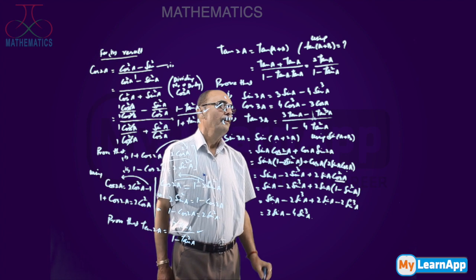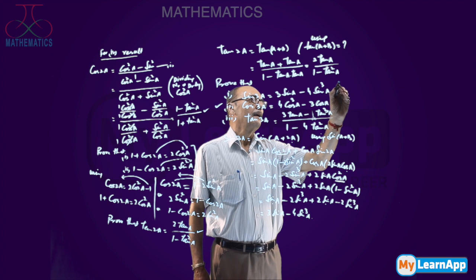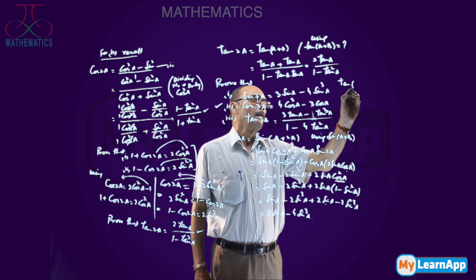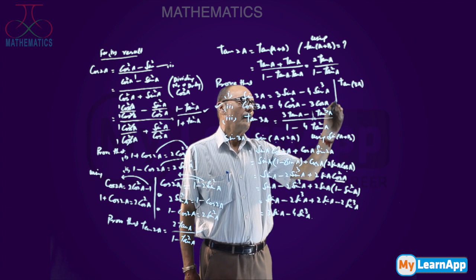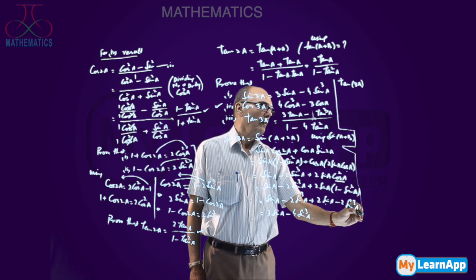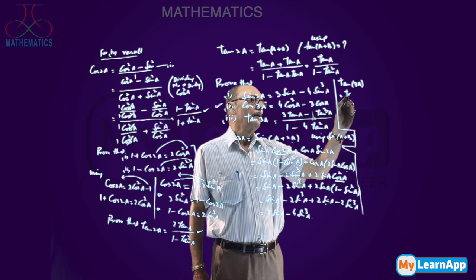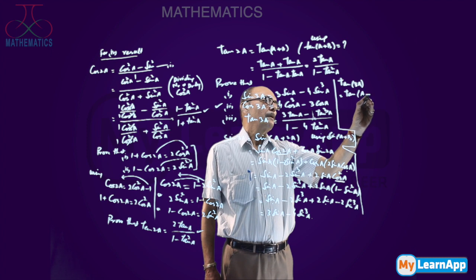Then we have tan of 3A. This can be written as tan of A plus 2A.